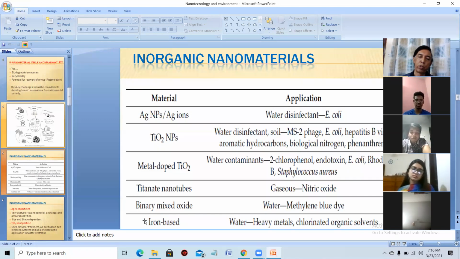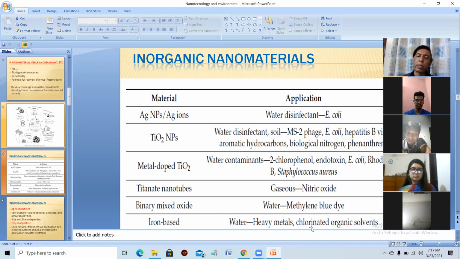This is used actually nowadays. The iron-based nanoparticles are used to treat water for heavy metals, to separate heavy metals, and the chlorinated organic solvents.